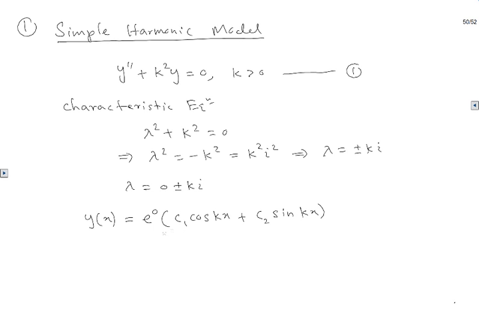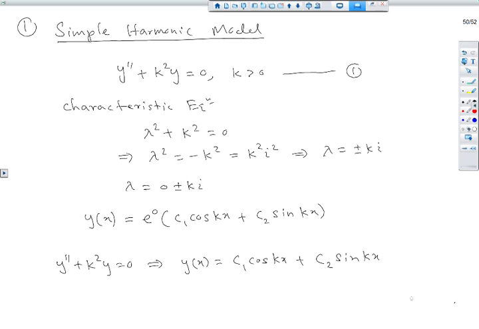And e to the 0 equals 1. So finally, if we have y double prime plus k squared y equals 0, the corresponding solution is y(x) equals c1 cosine kx plus c2 sine kx. And you can see that this is where the sine and cosine come from, because it's a complex solution.